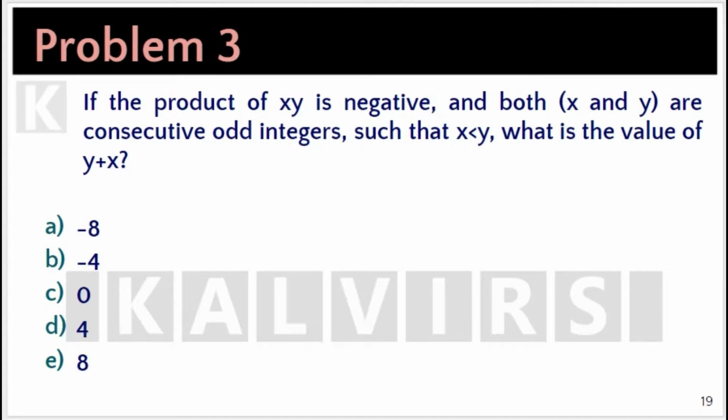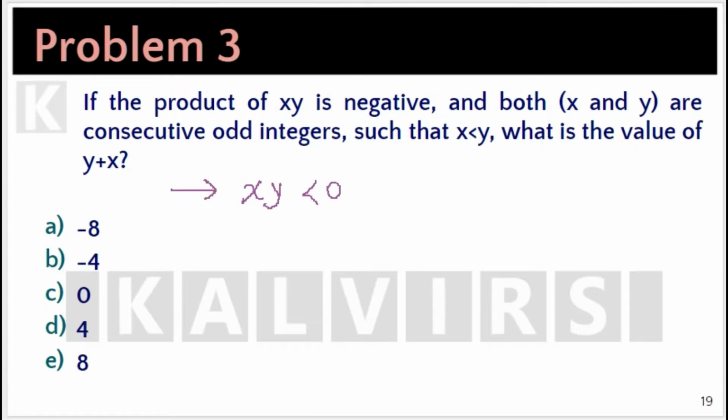If the product x times y is negative and both are consecutive odd integers such that x is less than y, what is the value of y plus x? First of all, the problem states that x times y is negative.